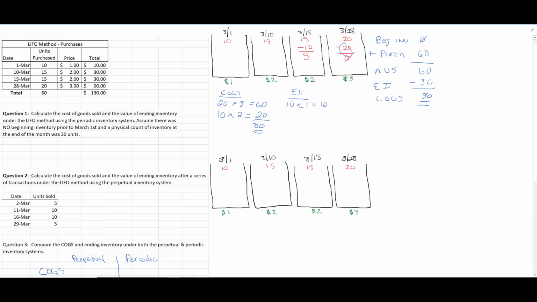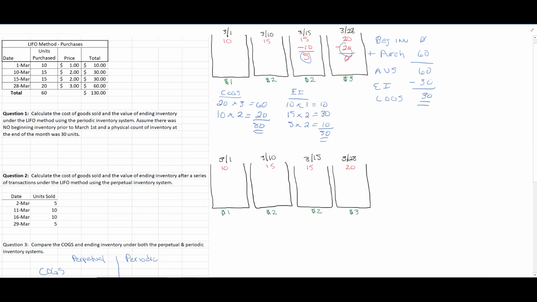We go to our March 10th bucket, we have 15 units at $2 a unit. That's 30. And then we have 5 left here because we took away that 10 at $2 a unit. So we have 5 times 2 for 10 for a grand total of $50 in ending inventory.